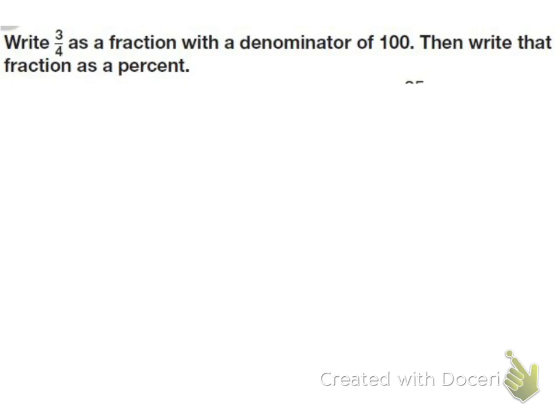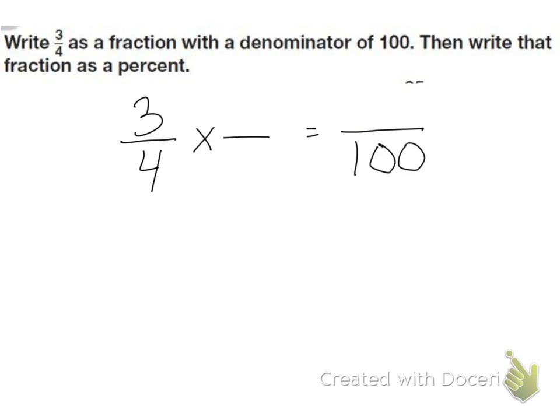All right, on the next problem it says, write 3/4 as a fraction with a denominator of 100. Then write that fraction as a percent. Okay, so we have 3/4 times something equals something with a denominator of 100? Well, I happen to know that 4 times 25 equals 100.